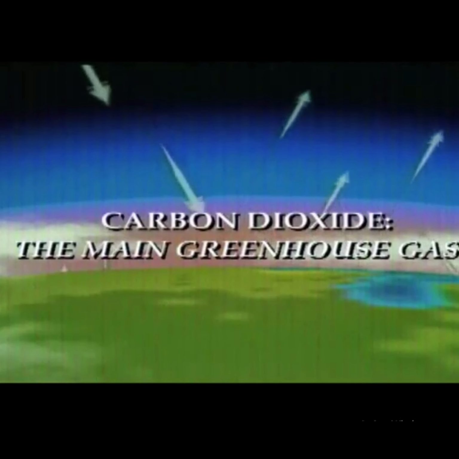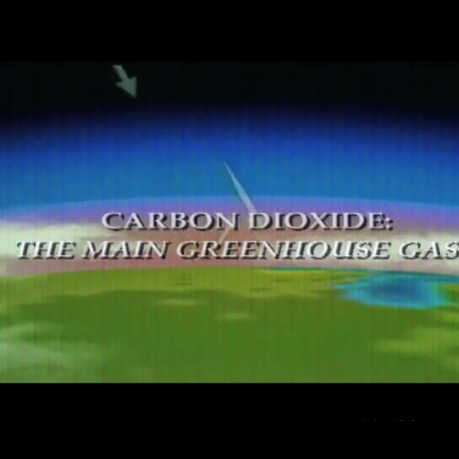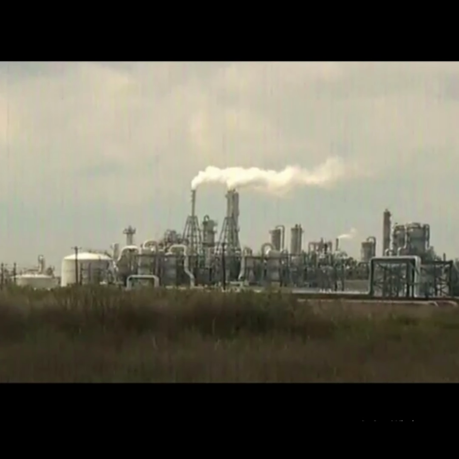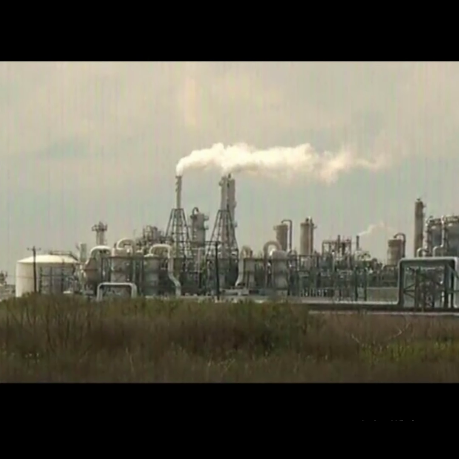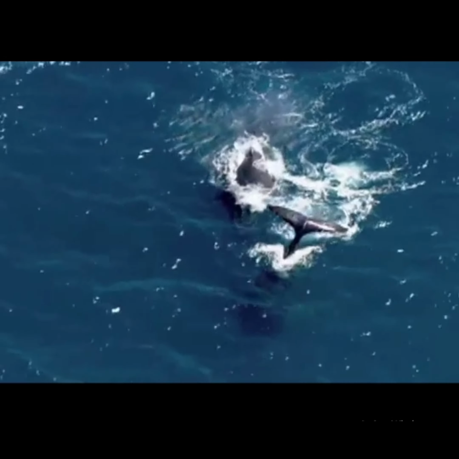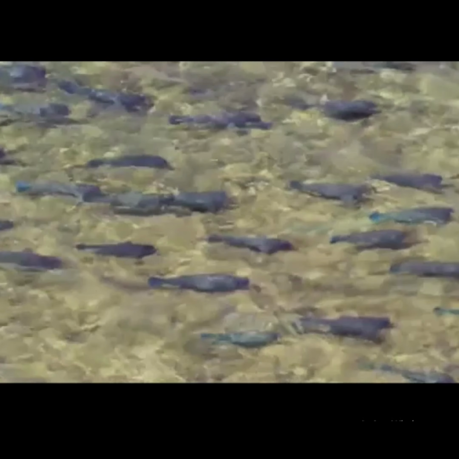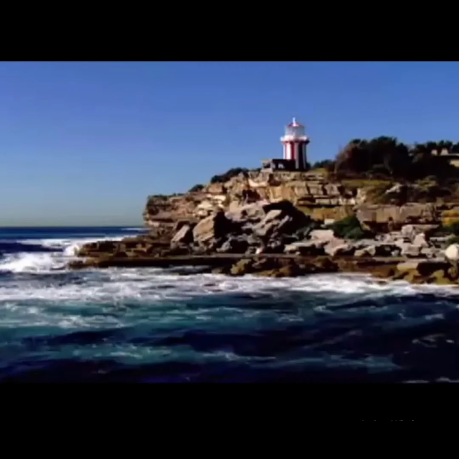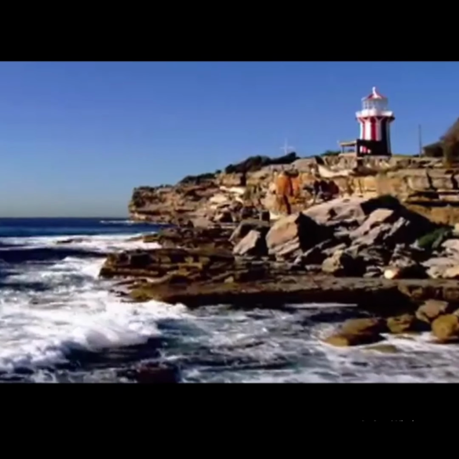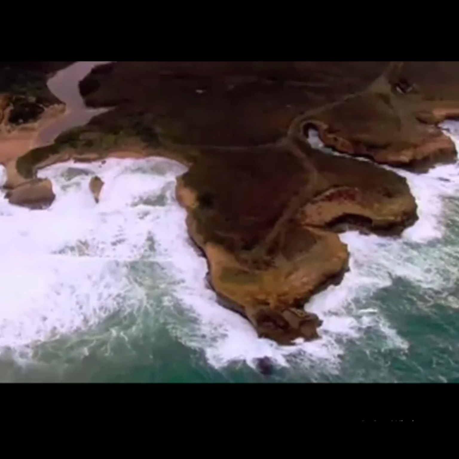The main greenhouse gas is carbon dioxide. The Earth is getting hotter because there is too much carbon dioxide in the air. As a result, oceans get warmer too. That's a big problem for our environment.